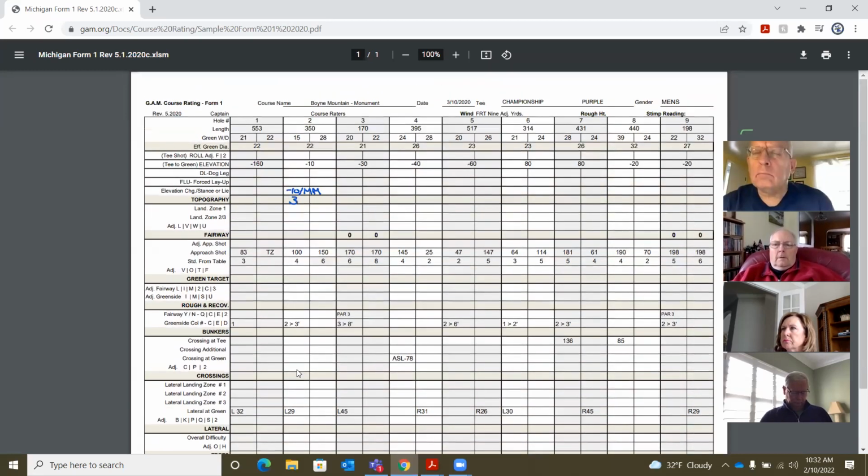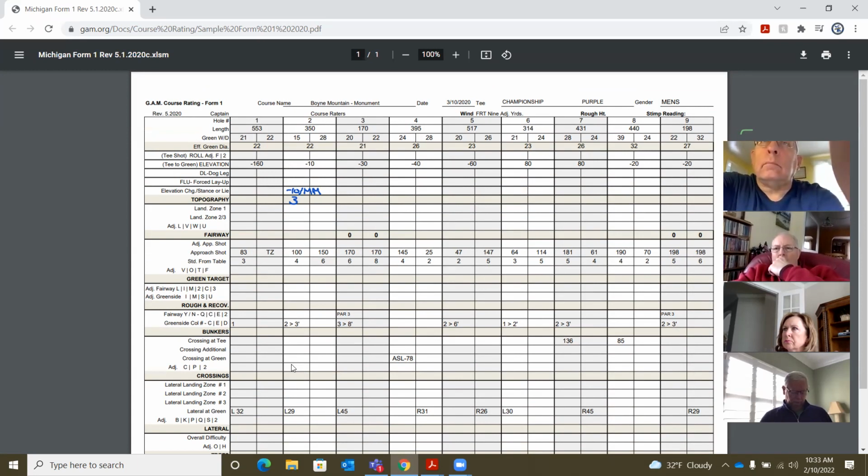Typically what I do is, because if you have a par 5 or three or more shot hole, that first evaluation you're making is just the stance and lie. It's not elevation, because when we go from landing zone to landing zone, we say it's level. So I just keep in mind that right now on the hole, this is moderately awkward. And then I just keep that in mind. You could also write it down at the bottom.